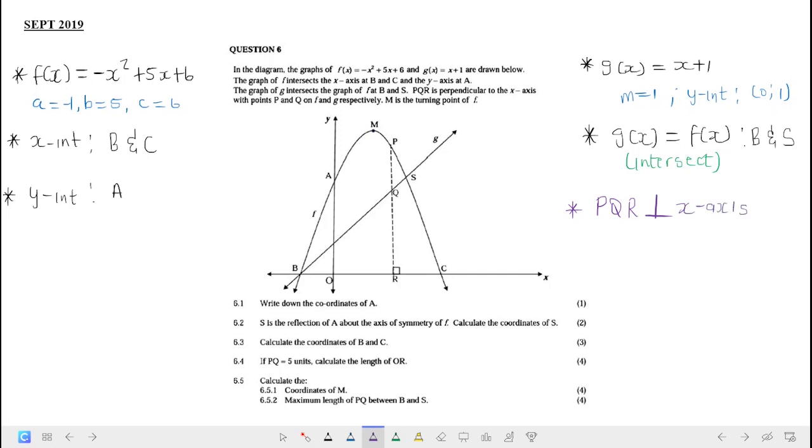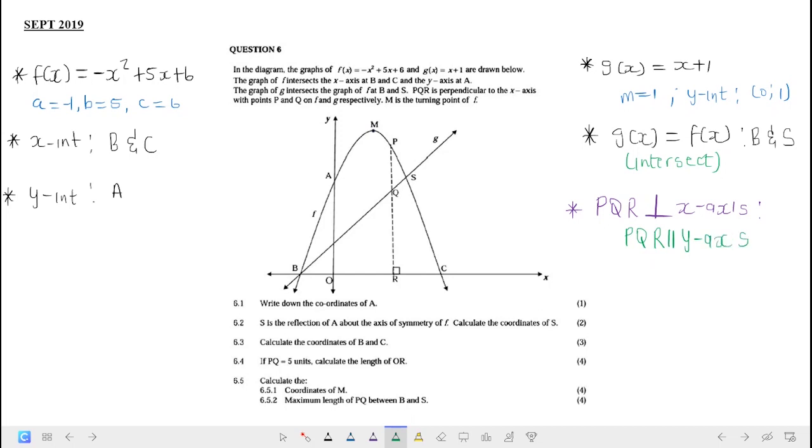Looking into the diagram, what does that mean? If PQR is perpendicular to the x-axis, then PQR is going to be parallel to the y-axis. Let me just write that. So this means now PQR is going to be parallel to the y-axis.